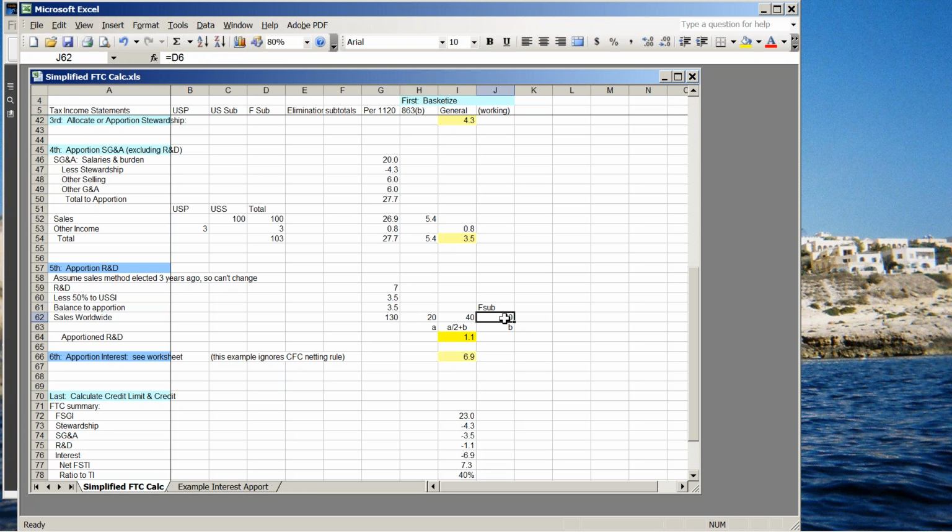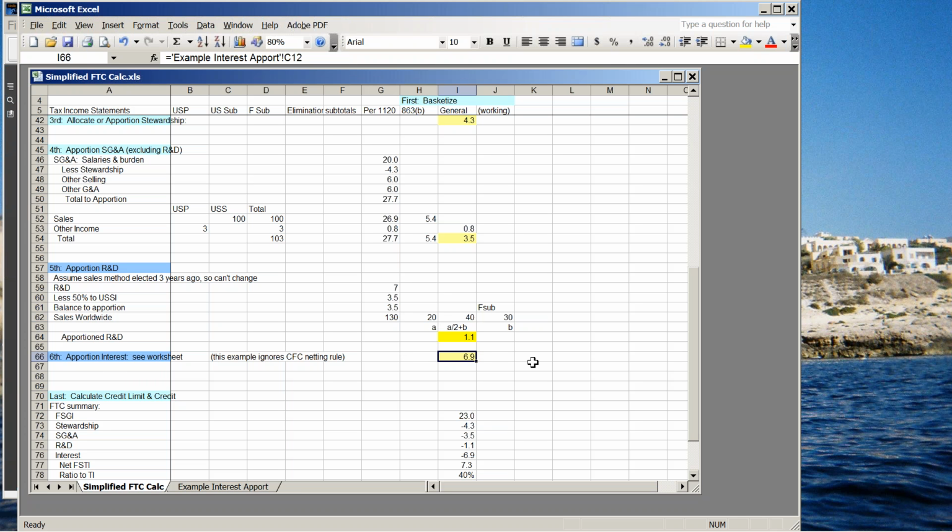But since this is worldwide sales, it's not based just on our 863B income here. It's also our 863B sales. It's also based on our foreign sales. It could potentially also include sales to third parties. I'm sorry, the licensing to third parties. We'll discuss this in nauseating depth in the R&D apportionment section.